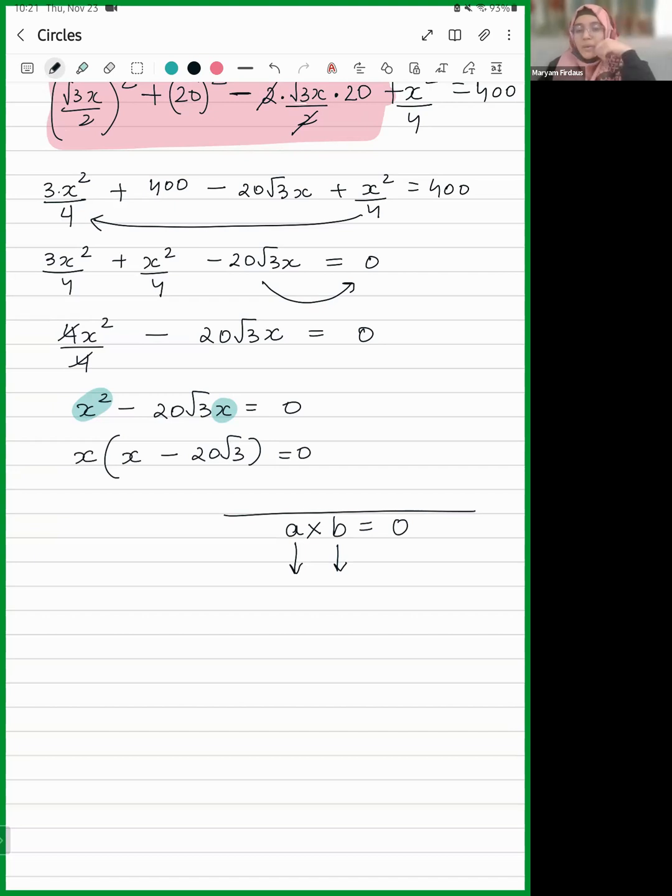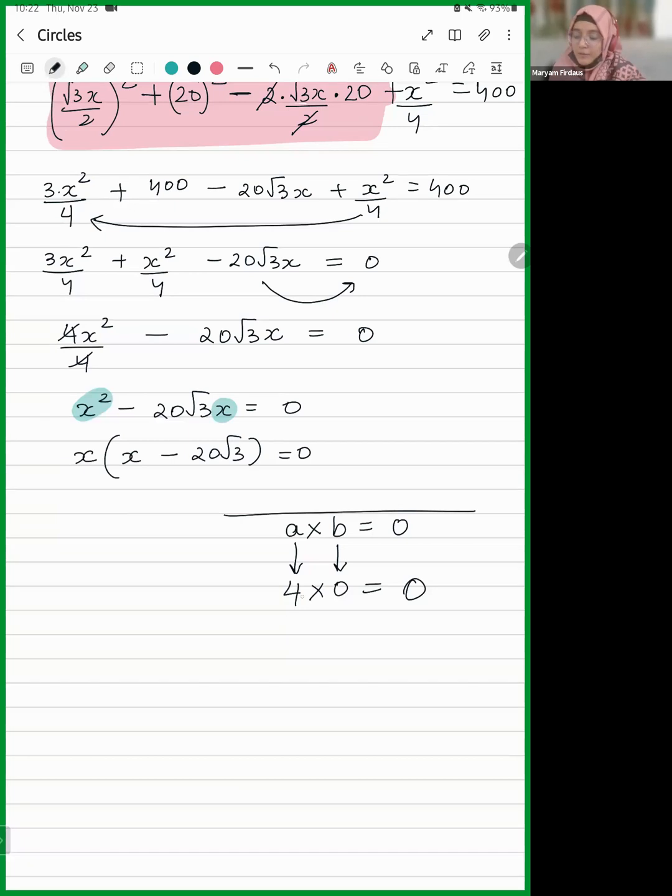Can you say something about A and B? Both have no value. Very good. No value means they are zero. Very good. Just a slight change I will tell you. That doesn't have to mean that both of them have to be 0. Why? Because what if only one of them is 0? What if A is 4 and B is 0? Even then you will get the answer as 0, right?